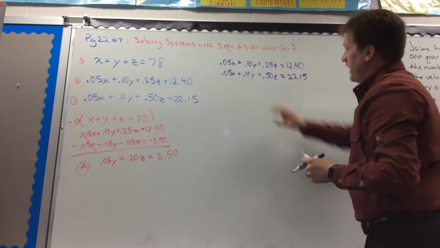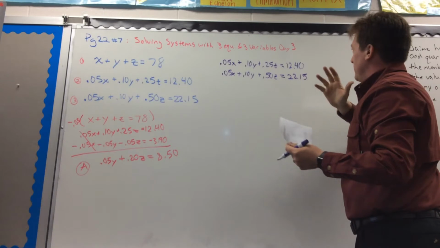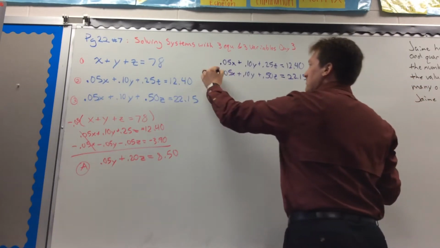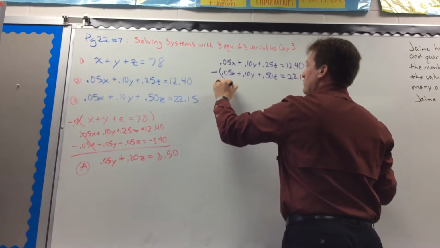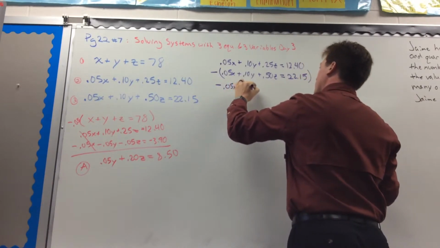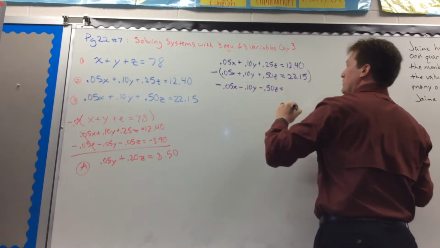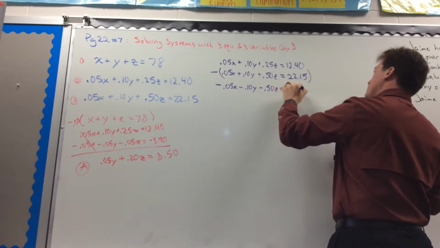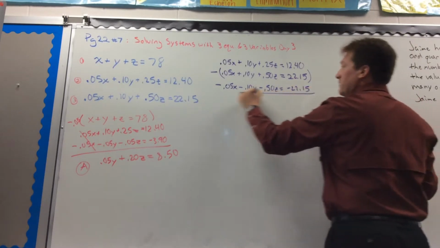So I'm trying to get rid of x's. The y's are going to end up canceling because they're the same number as well. I'm going to subtract the bottom equation, and that's going to change it to negative 0.05x minus 0.10y minus 0.50z is equal to negative 22.15. So from here, I'm going to add a line and combine.